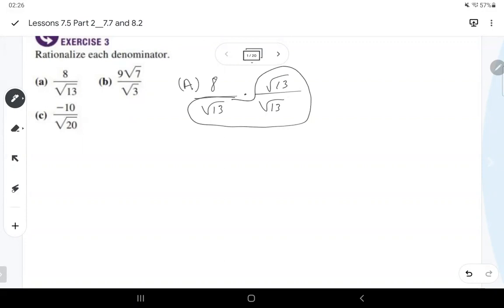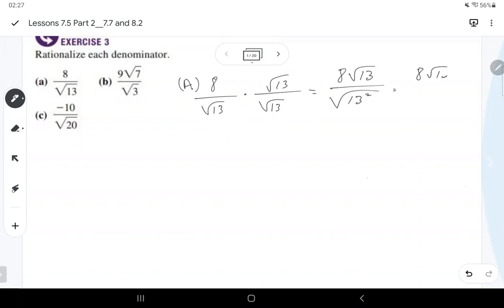Multiplying by the square root of 13 over the square root of 13 is multiplying by a version of 1, and then you're doing the right thing. What ends up happening is we get 8 times the square root of 13 over, really what's going on here is the square root of 13 squared, which is just 13. So we get 8 square root of 13 divided by 13. And that's the steps that we take.